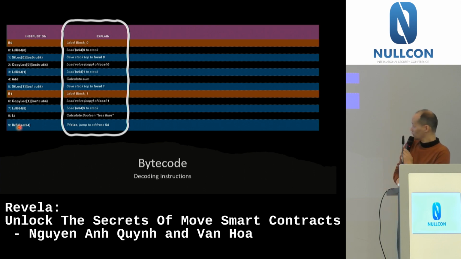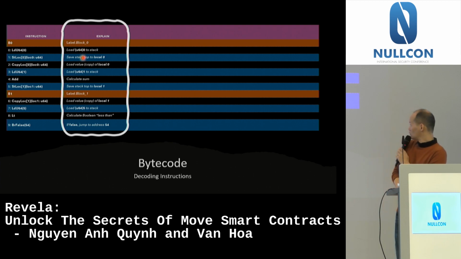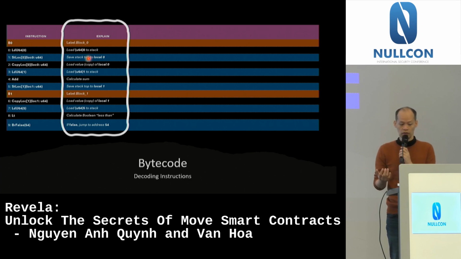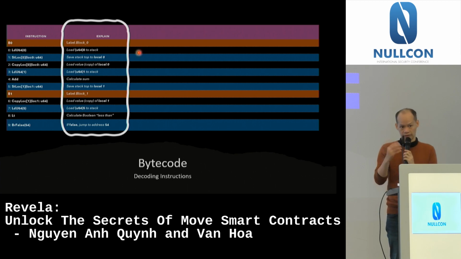For example, this instruction loads the value 0 to the top of the stack. The next one, instruction 2, saves the value at the top of the stack to the local variable named local 0. The next one loads the value from local 0 back to the top of the stack. Instruction 3 loads the constant number 1 to the top of the stack.